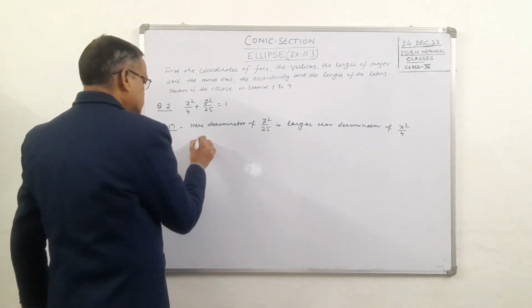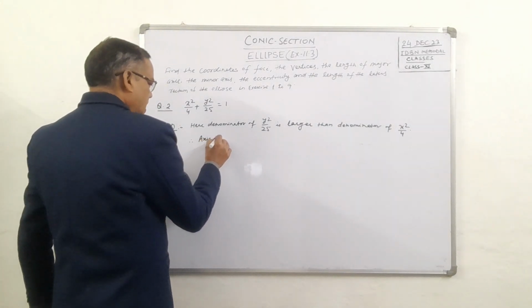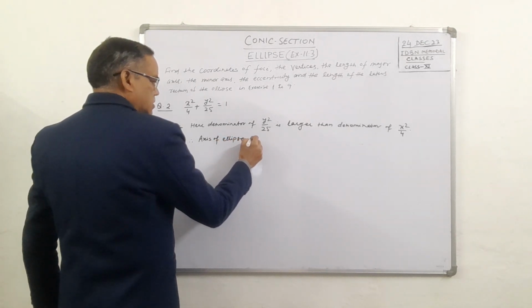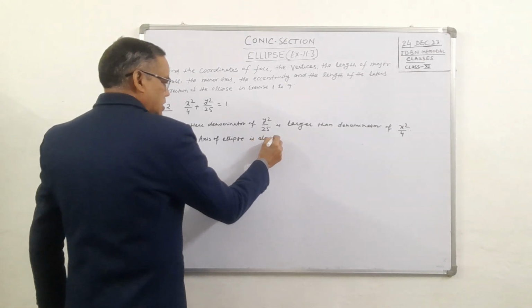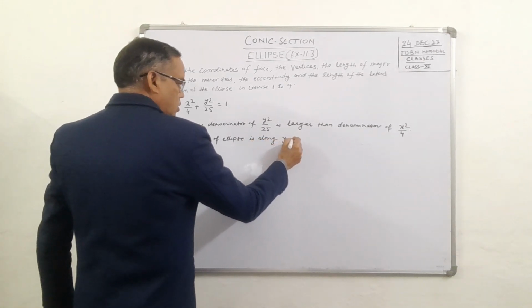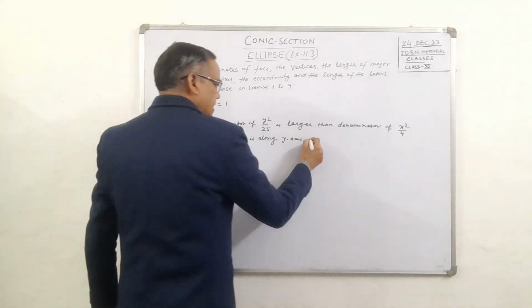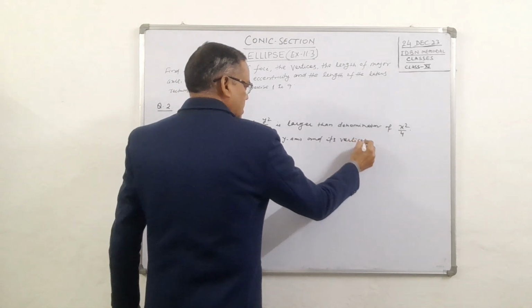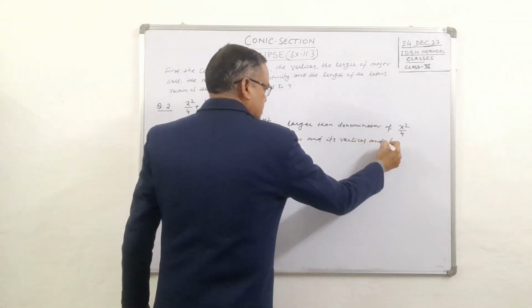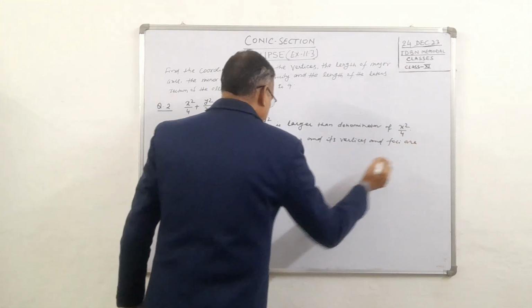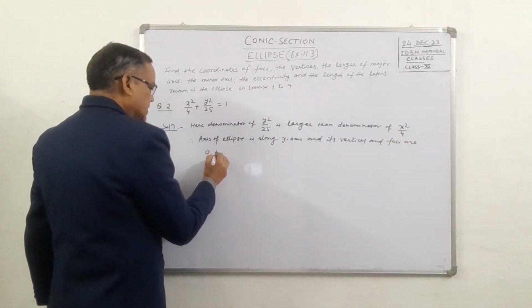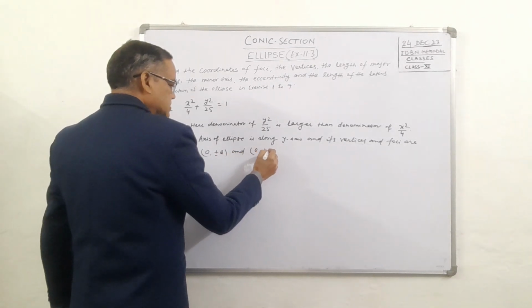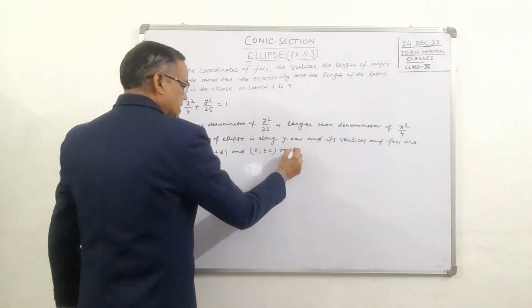Hence the axis of the ellipse is along the y axis and its vertices and foci are 0 plus minus a and 0 plus minus c respectively.